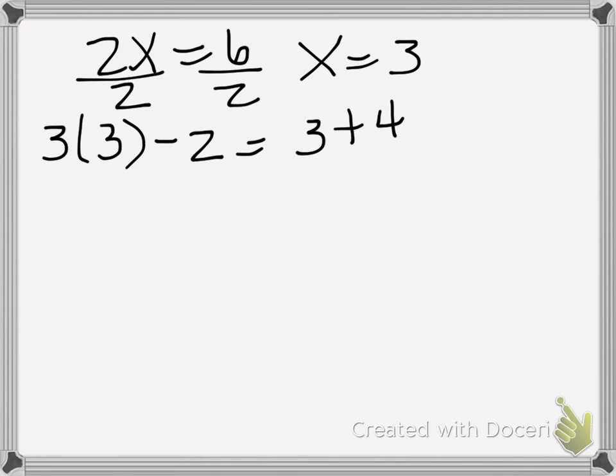Three times 3 is 9 minus 2 is 7. 3 plus 4 equals 7, so it's balanced. So it really doesn't matter which one you want to tackle first. You just got to remember to keep your equation balanced on both sides. The goal is to get the variable on one side and your constants on the other so that we can find one solution. Now turn to page 232 for example 2.